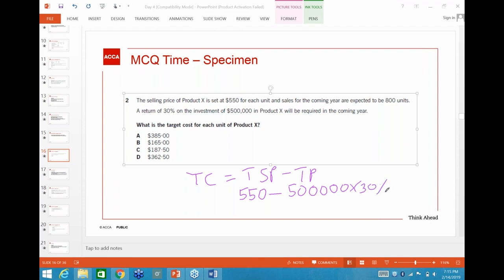So that's the target profit, but that's the target profit for all the products. I'm going to make 800 units. So that's the target profit per product. Giving me 362.5, answer D.